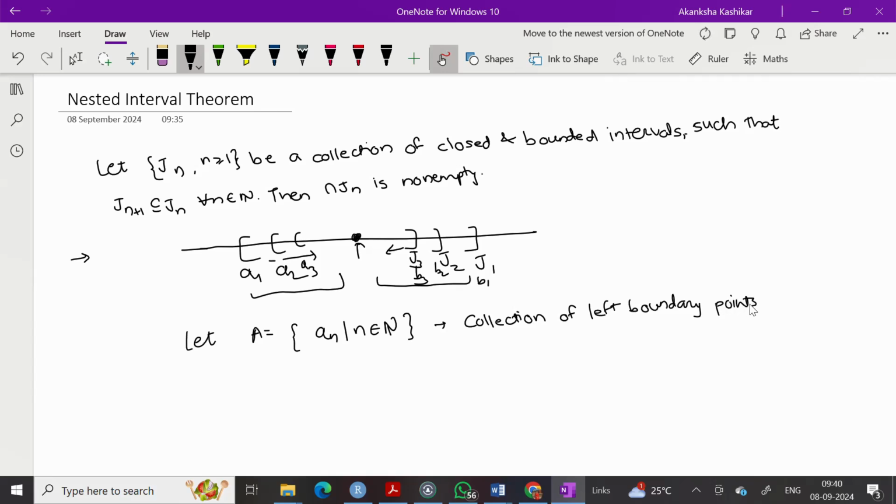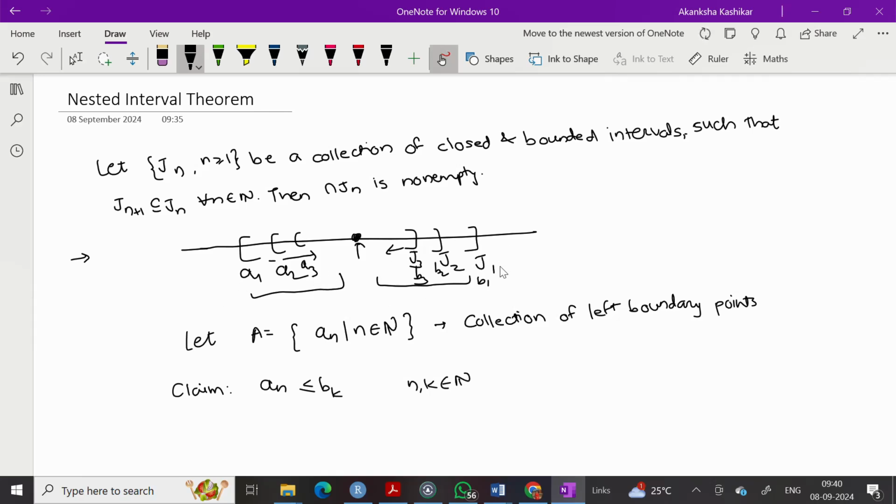Now what we know is every interval is closed and bounded. Okay. So can I say that every An is less than or equal to every Bk? At least in the picture, it looks like all the Ais are here, all the Bis are here, so every Ai is smaller than every Bk.